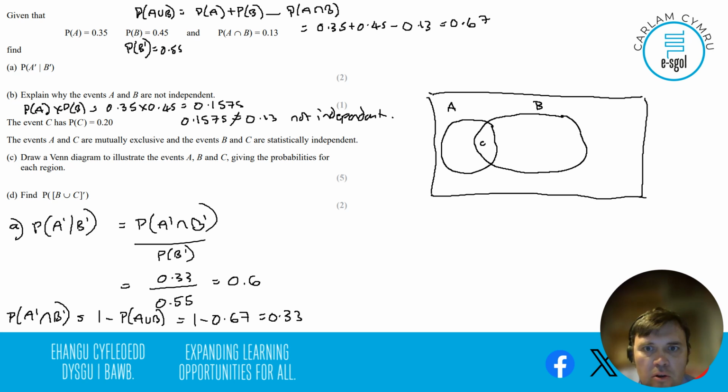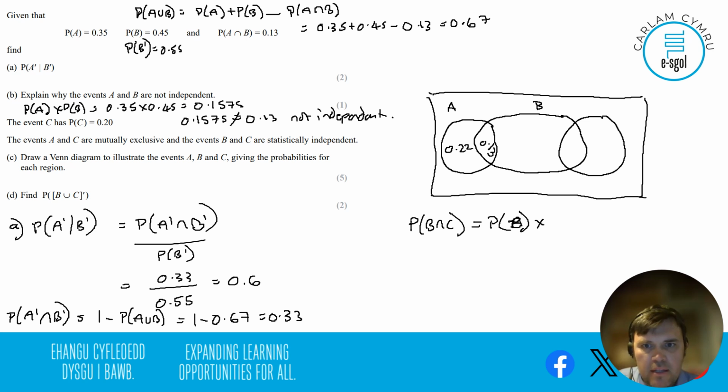So this is going to be 0.13. 0.35 take away 0.13 is 0.22. I'm not going to put in for B yet. And then obviously this goes in here. The probability of B and C is the probability of B times the probability of C, which is 0.45 times 0.2, 0.09.